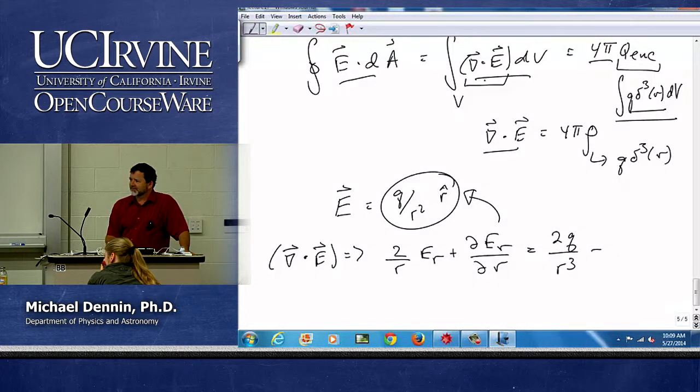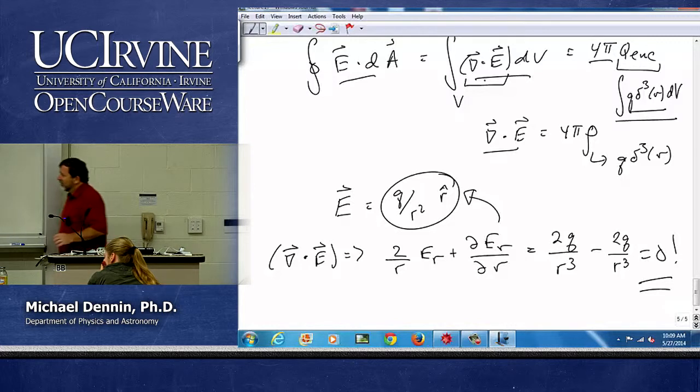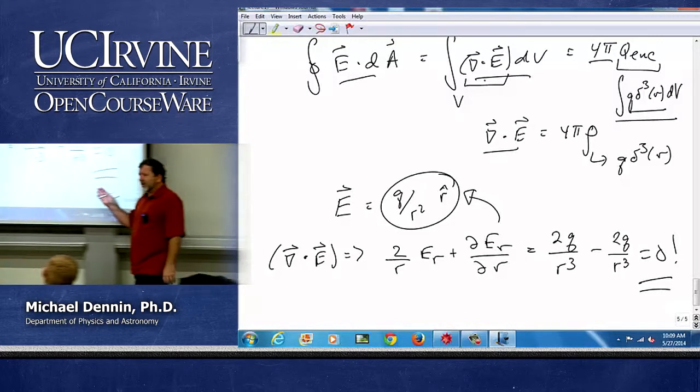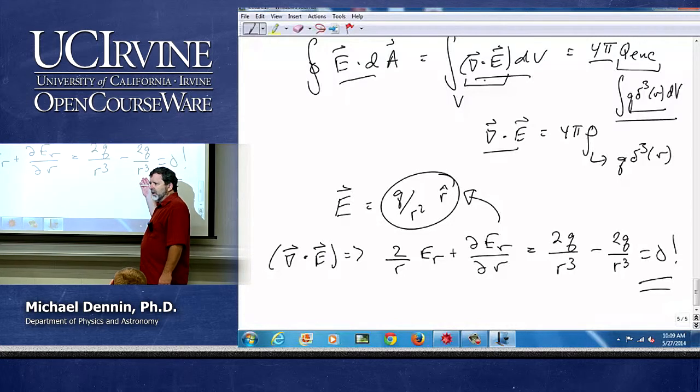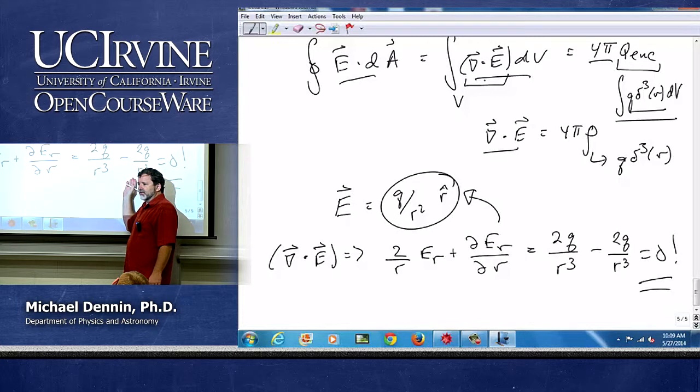You're integrating. I get negative 2Q over r cubed, which cancels to 0. So the only thing we have to worry about here is its behavior at r equals 0.